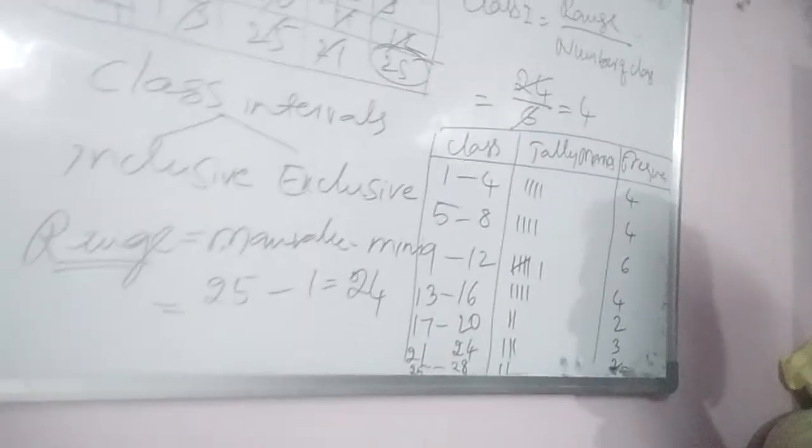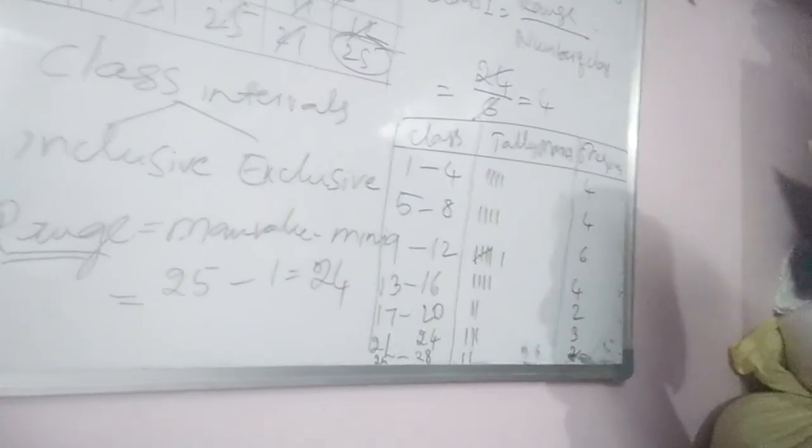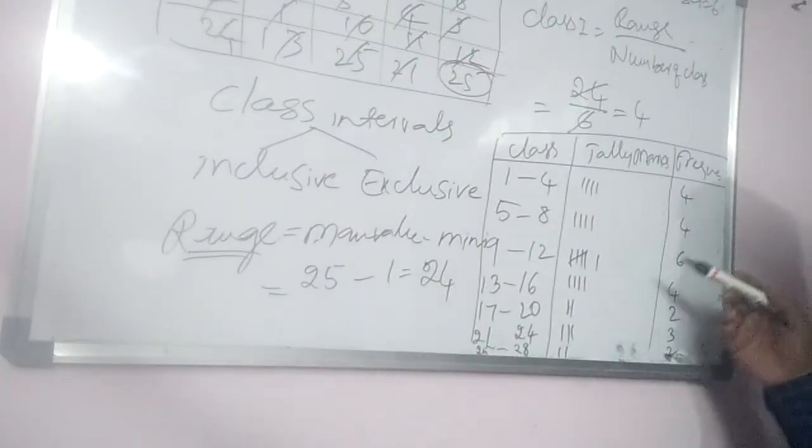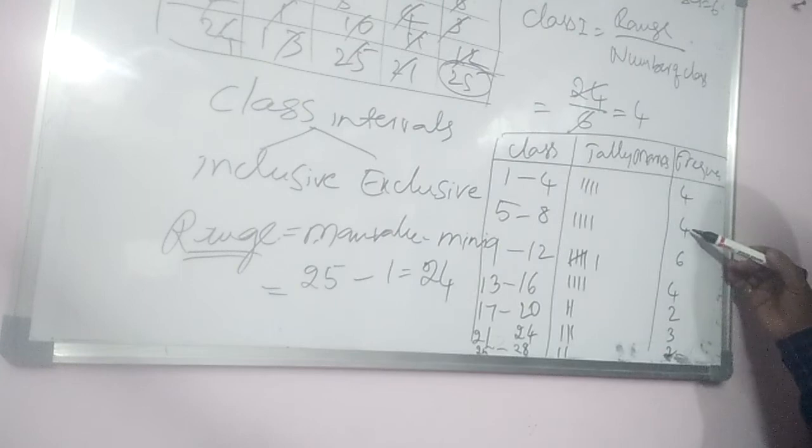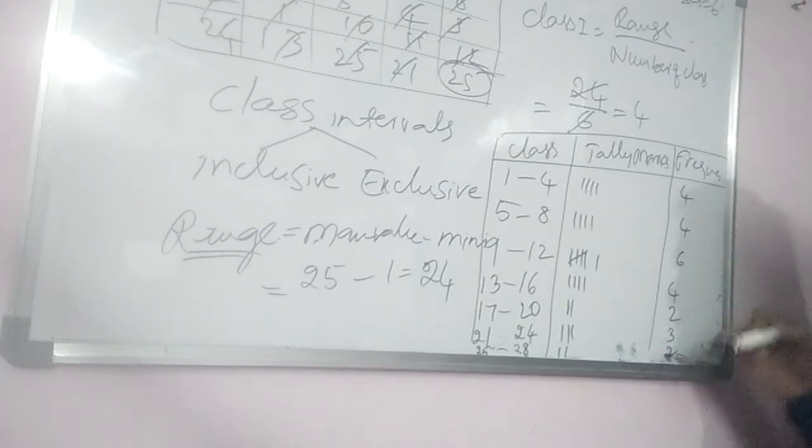See once, all of you, these are very close values in the frequency distribution table. Now you may have a doubt whether it is right or wrong, so you calculate the total: 4, 4, 8, 6, 14, 4, 18, 2, 20, 3, 23, 2, 25.